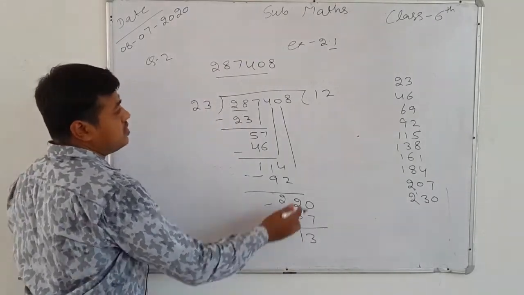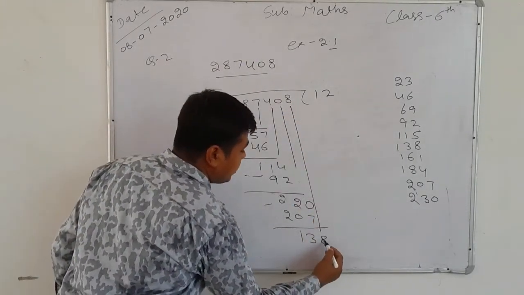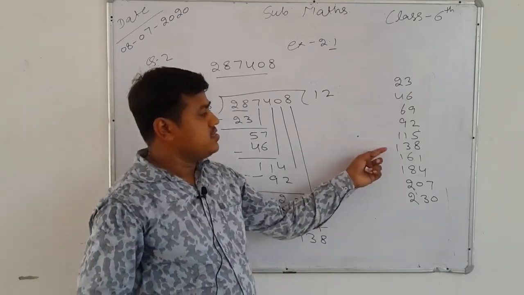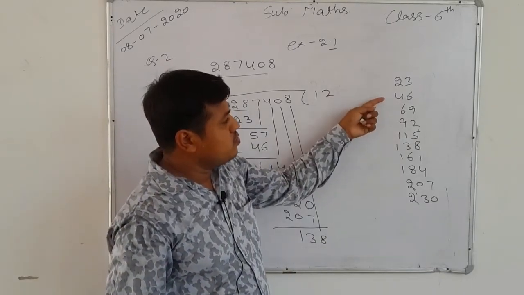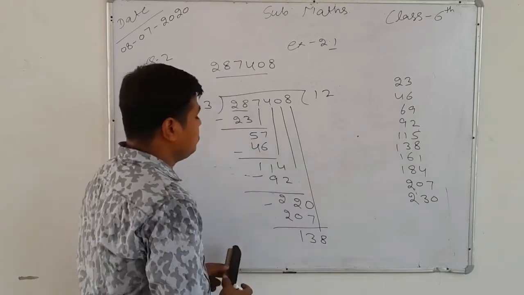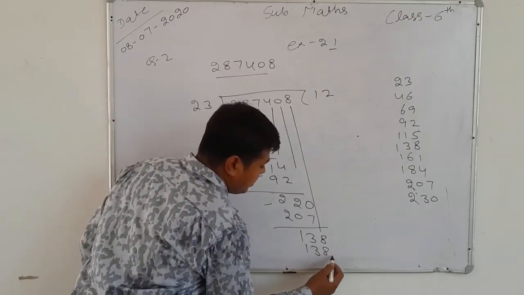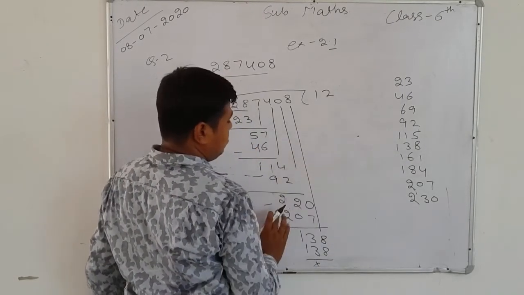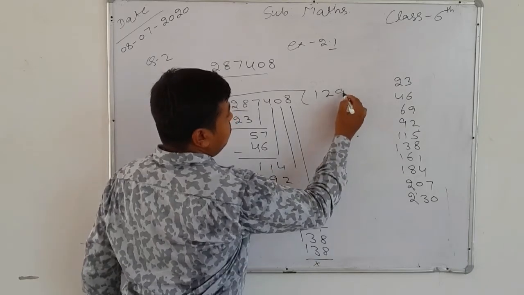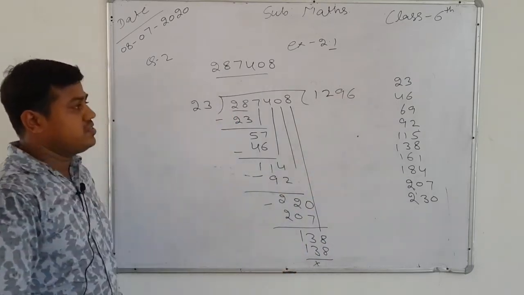After minus, 13, and we write 8. 138 is coming on the place of 6. So we write 138 from here. Firstly 207 on the 9, and on the 6th place 138.